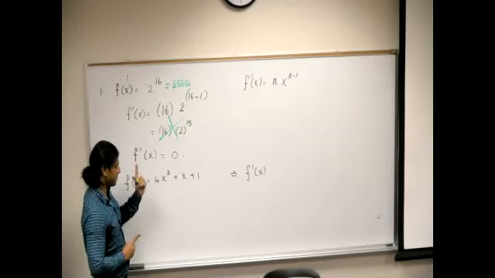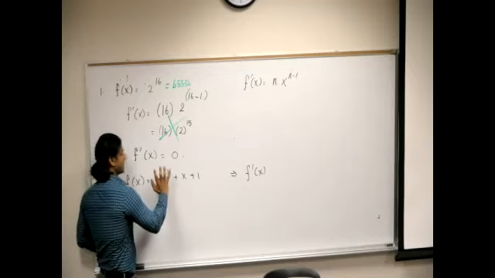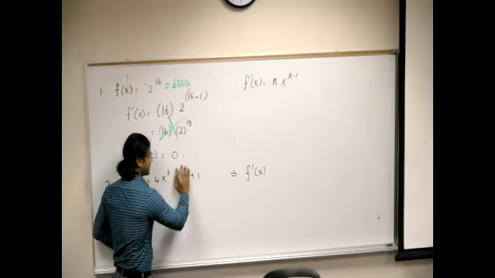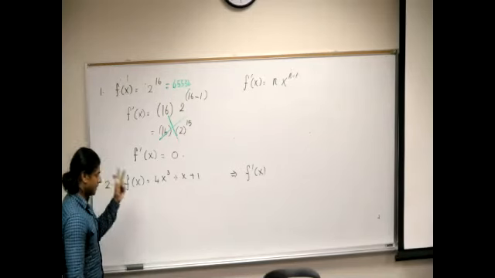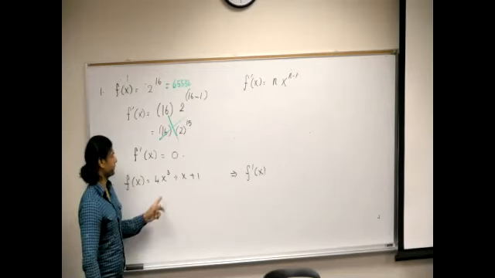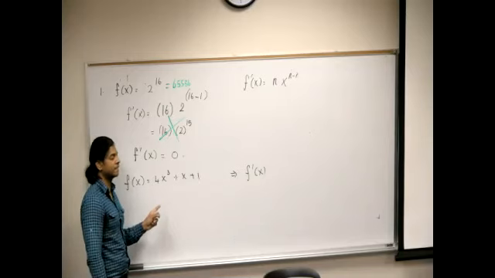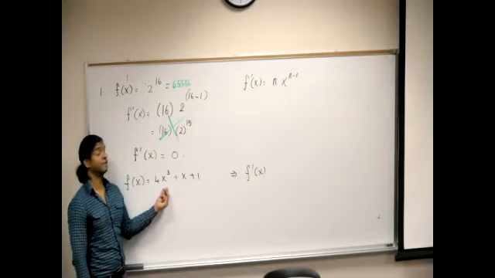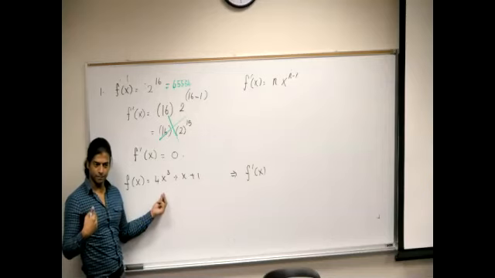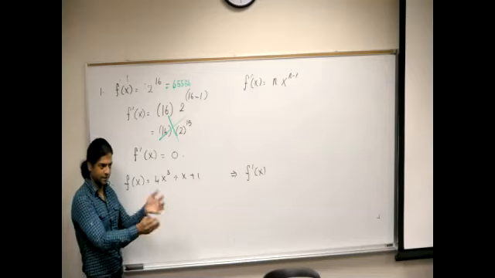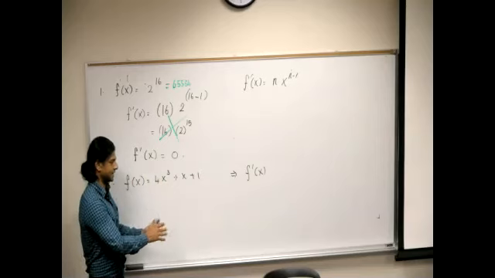So rule number 1: I can take the derivative of each term separately and add them all together. Rule number 2: if you have a constant multiplied by a function, you always take the constant out before you apply the limit. The constant stays as is.